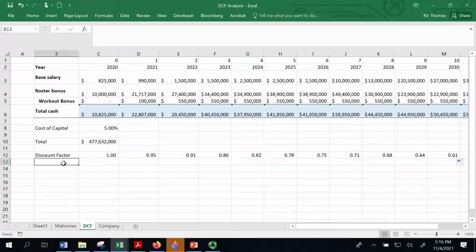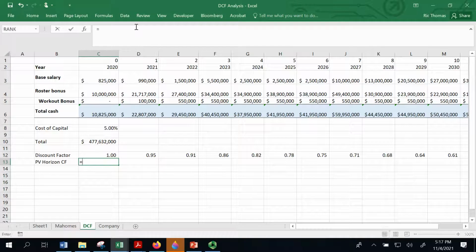Now what I can do is calculate the present value of the cash flows. These are the horizon cash flows. Let's actually change it to present value of horizon cash flow. This is the 10-year horizon.